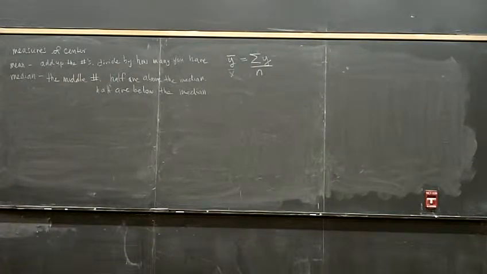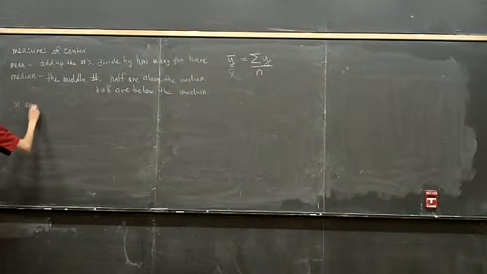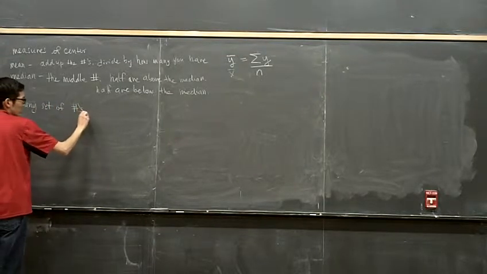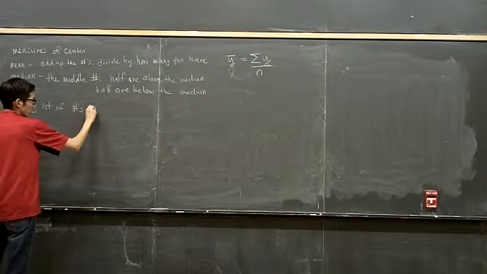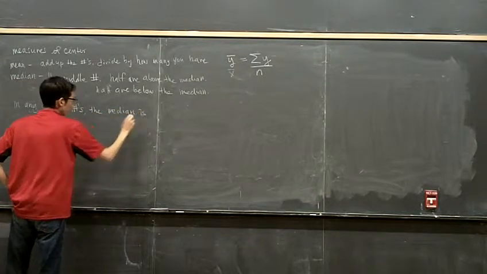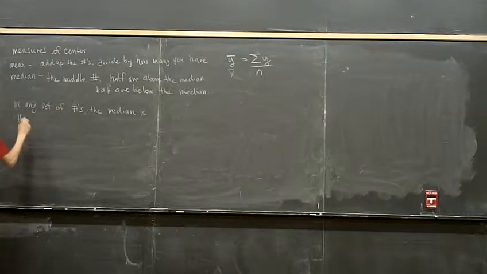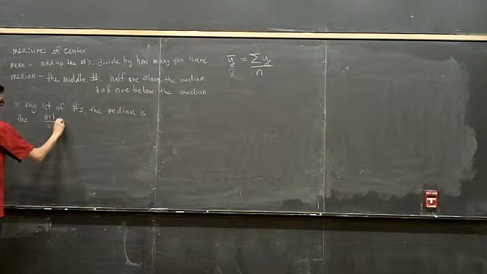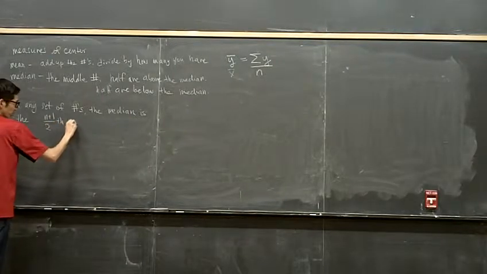If you have a set of numbers, a large set of numbers, or just in any set of numbers, the median is the n plus 1 over 2 ranked number.